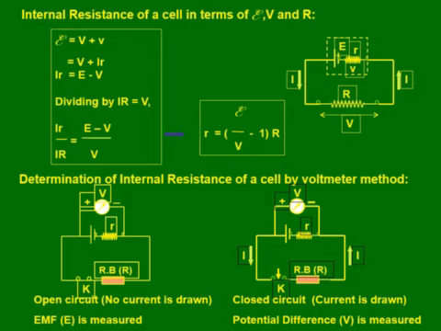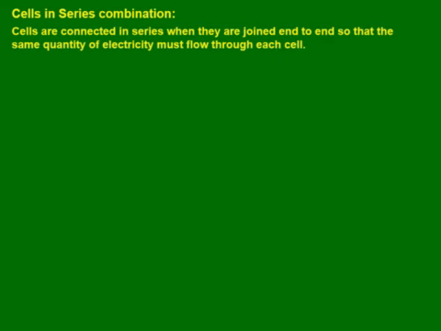Then you will be putting the value of E and V, and capital R, the resistance from the resistance box. You will be getting the approximate value of the internal resistance. With the help of these we can find out the internal resistance.